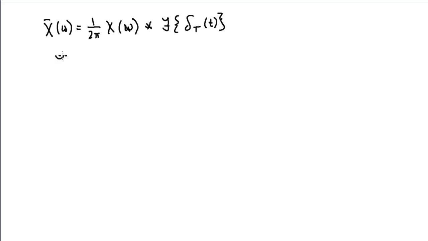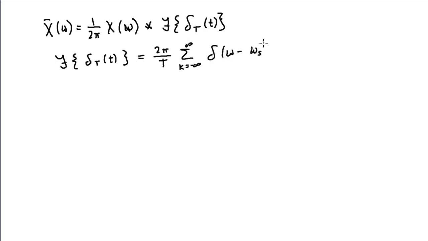If you recall, we talked about this in a previous lecture, the Fourier transform of an impulse train is an impulse train in the frequency domain, where all of the impulses are separated by omega s, where omega s is equal to 2 pi over T. The corresponding frequency in hertz is then just 1 over T, the reciprocal of our sampling interval.